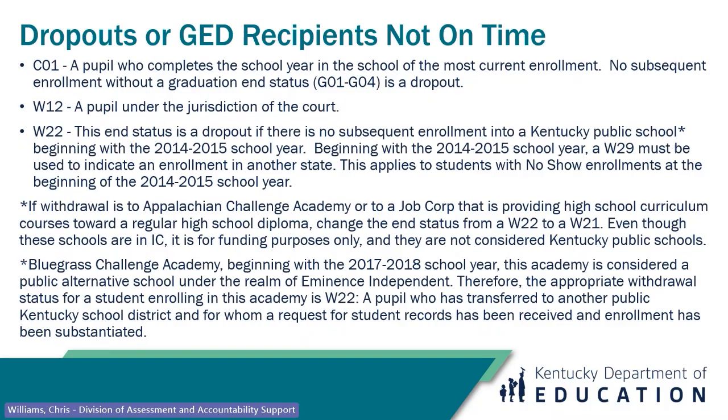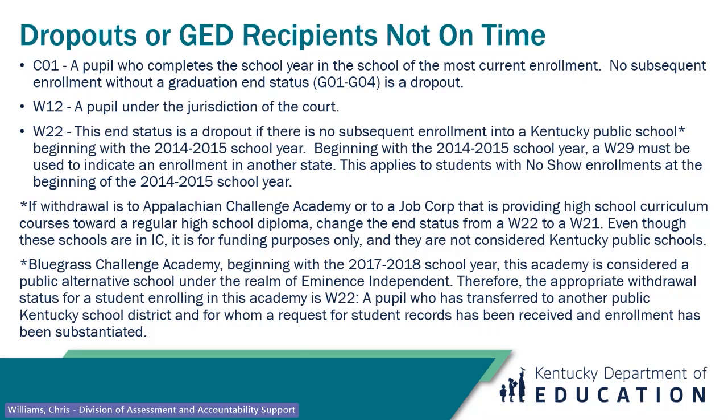Also, another thing that I wanted to let you know are your dropouts or GED recipients, not on time students. These are these codes and why they're showing not on time for you and for your student listings. So this is always going to be important. And you're probably thinking, Chris, where can I find all of those resources?